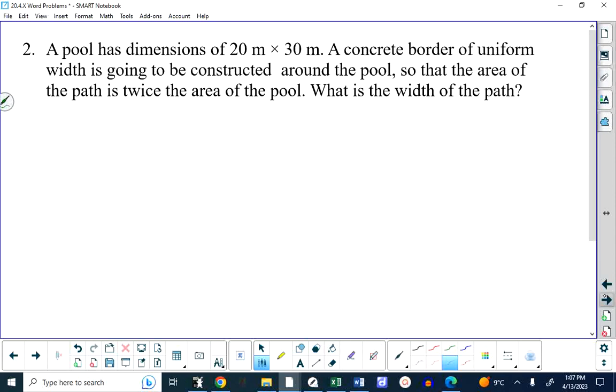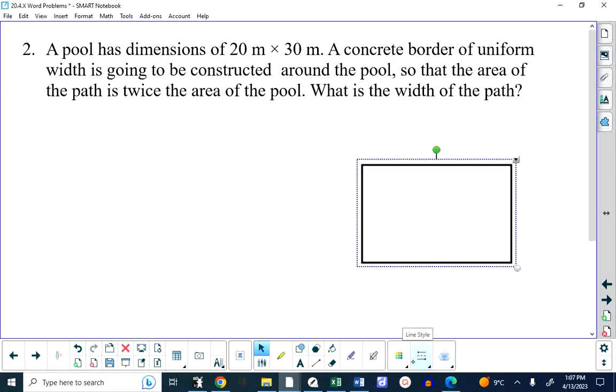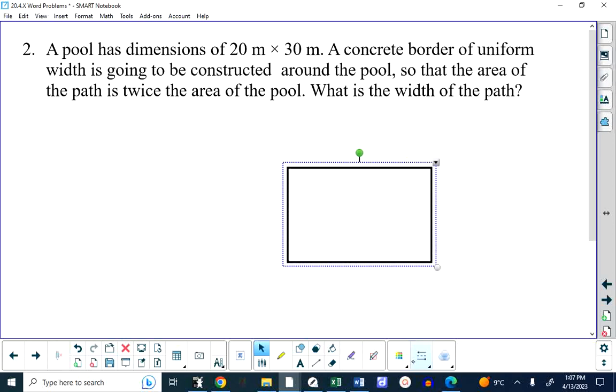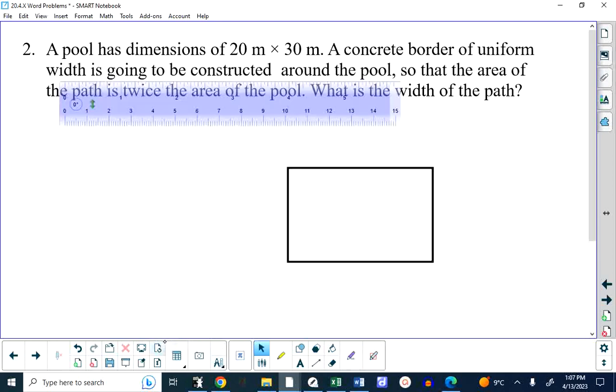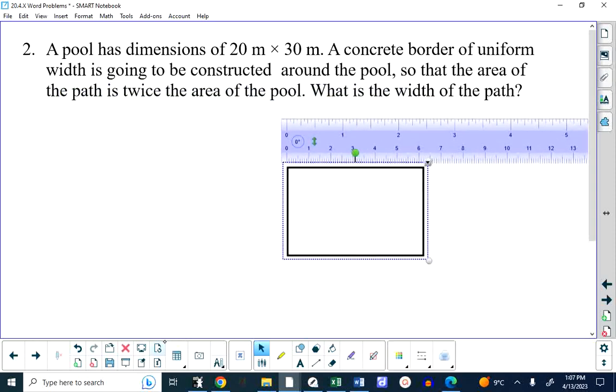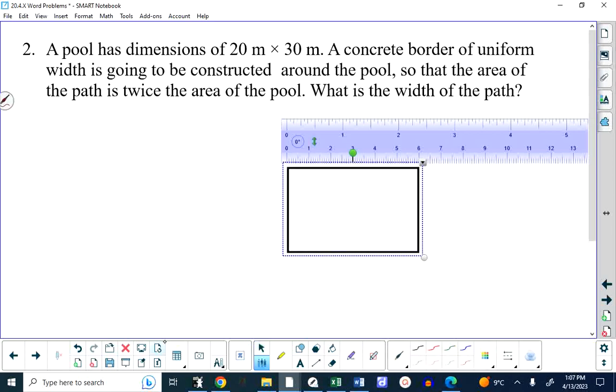So if this is the pool, I'm going to try to draw this relatively to scale. It's 20 by 30. This is 6 wide, which would mean 10, 20, 30.